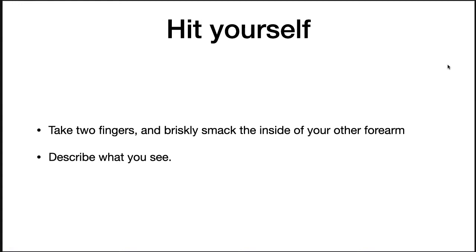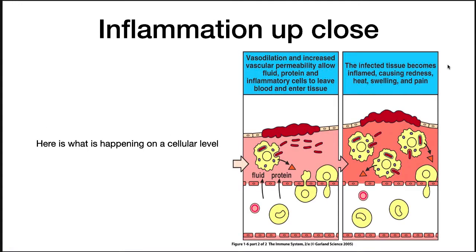This process is one of the most important defenses your body has. It's called inflammation. On the cellular level, inflammation is caused by damage, either physical, as you just did, or by infection. When damage is detected, your cells will release signals that begin the process of inflammation.